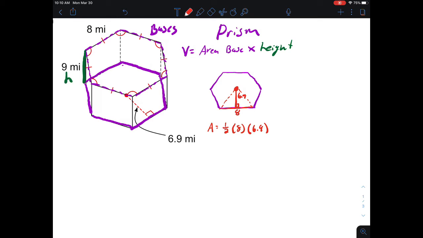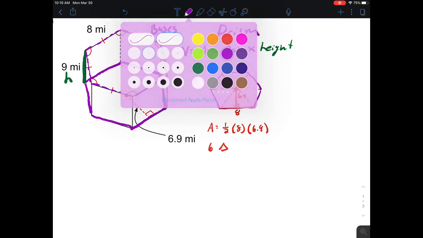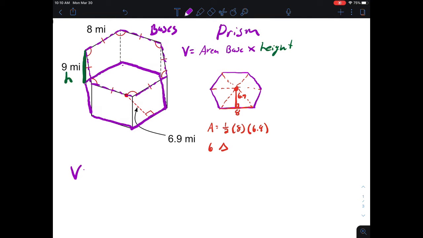Now, there are 6 of those triangles. So when I'm trying to find the volume, there's 6 of those triangles to make that hexagon that I put together. So to find the volume of this hexagonal prism, the area of our base is going to be 6 times the area of that one triangle. 6 times 1/2 times 8 times 6.9.